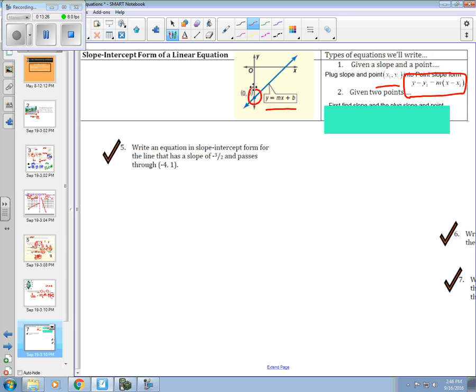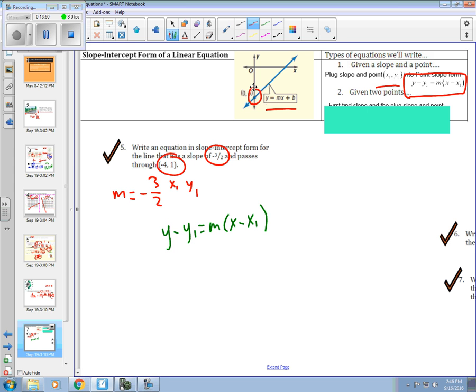So on number 5, they give us a slope here. Our slope is going to be -3/2, and we're given a point right here. So that means -4 is going to be our x1, 1 is going to be our y1. So if we put all that information into this equation, you can find the equation of the line.